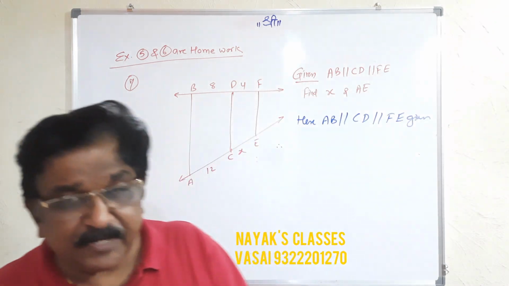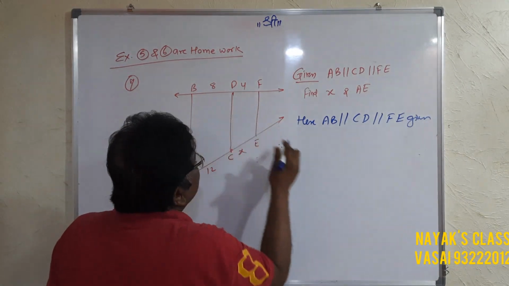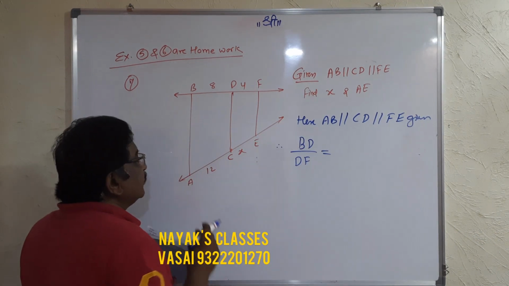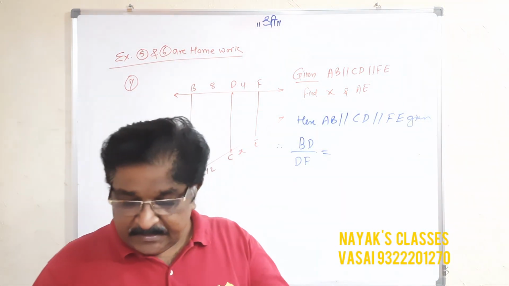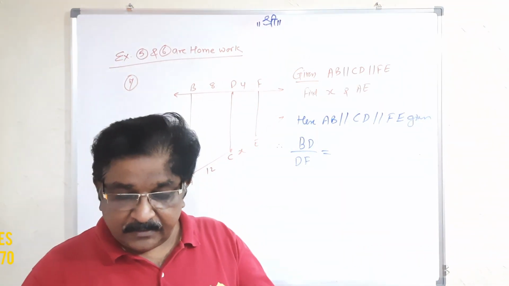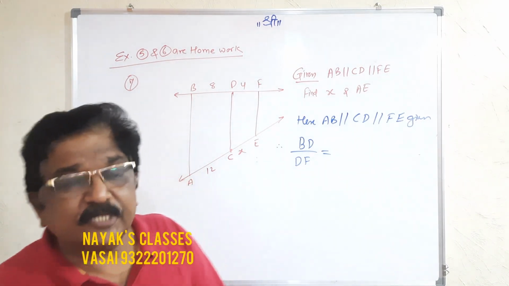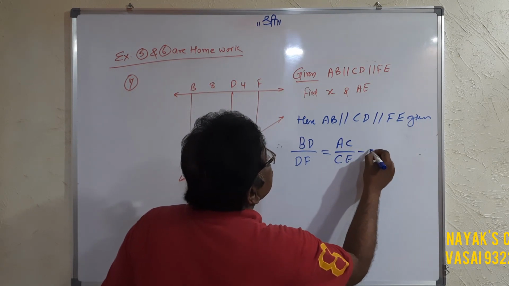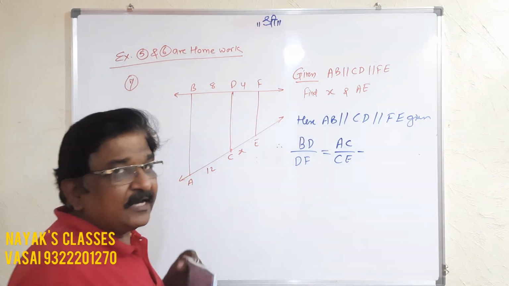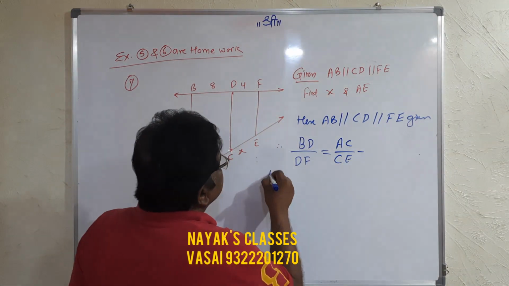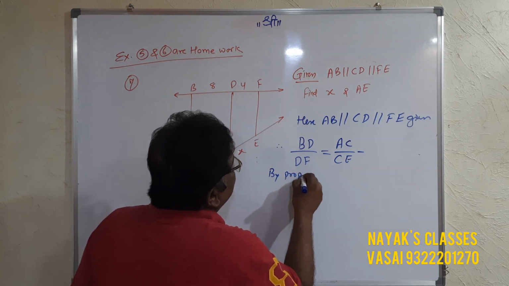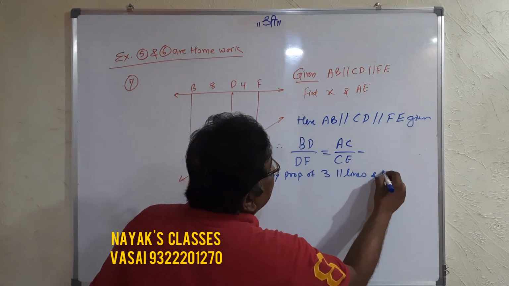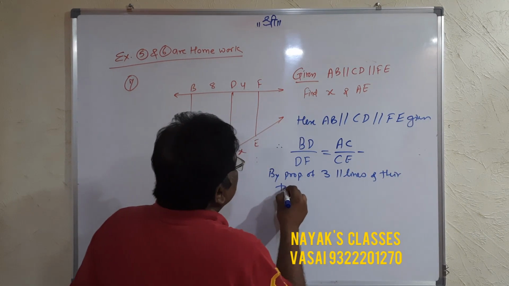It will come BD upon DF is equal to AC upon CE, by property of three parallel lines and their transversals.